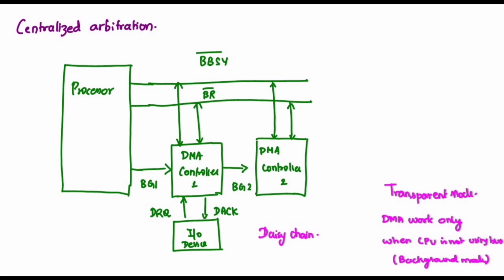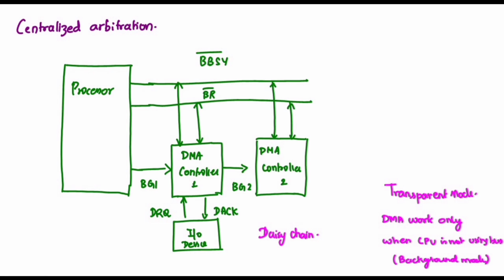Therefore, here all the DMA controllers send the bus request signal, which is an active low signal. Once the processor identifies it, the processor will send the bus grant signal to the DMA controller. This signal represents the bus busy signal.